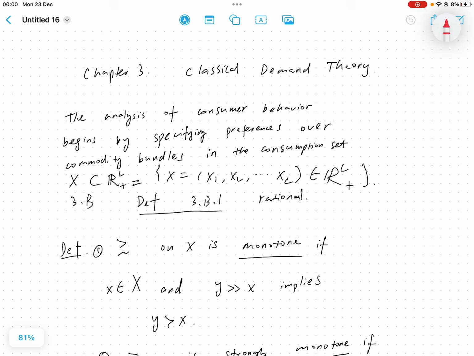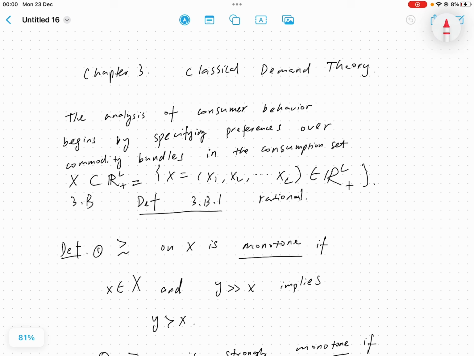When we're analyzing the consumer's behavior, we specify these preferences over some commodity bundles. This is called the consumption set. So this X is still the set of alternatives, but here it has another name, the consumption set.